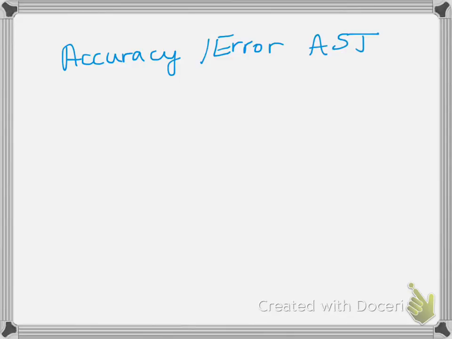The other thing that I wanted to show you about alternating series, we won't do many problems with it, but there's something called the accuracy or the error, and it only applies to alternating series.